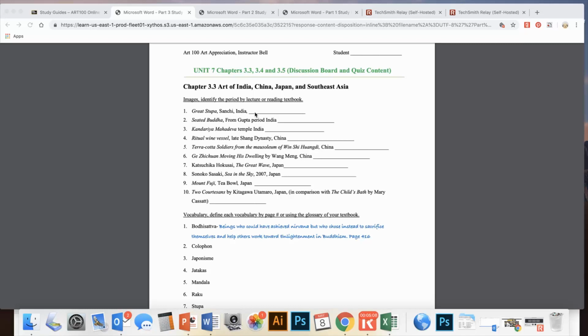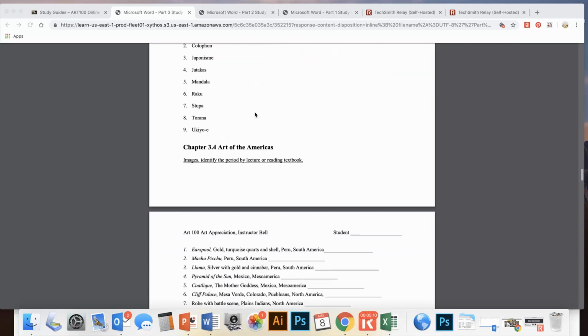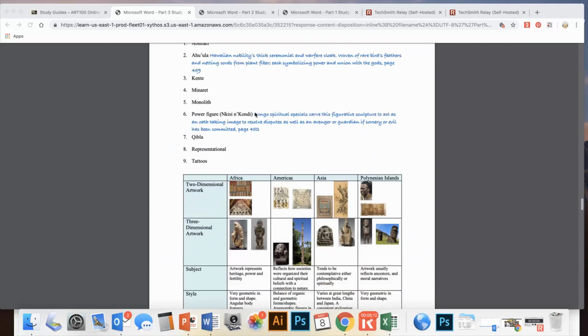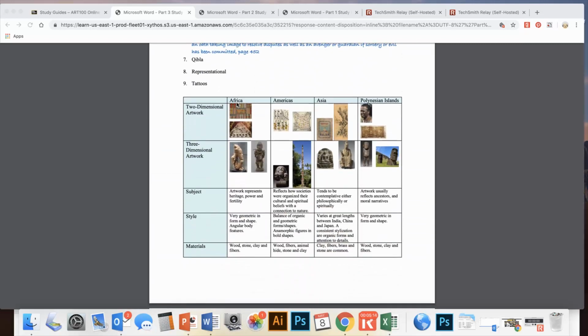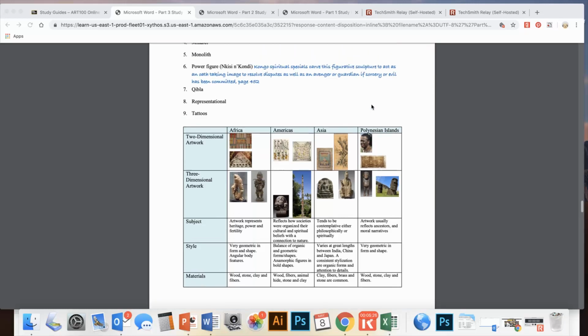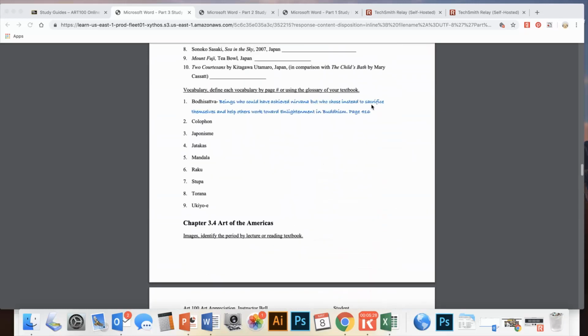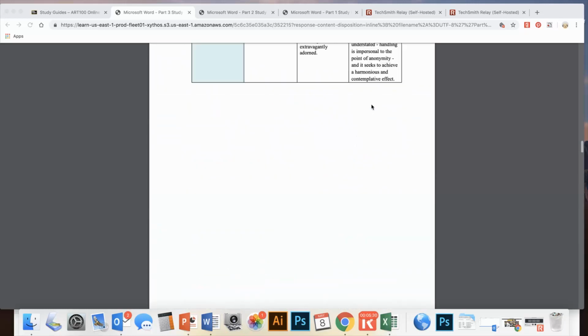So how would you know that it's from Asia? Again, you're going to go back to this table and see that my multiple choice options for this unit are going to be either A, Africa, B, Americas, C, Asia, or D, the Polynesian Islands. I have an example of this one as well.